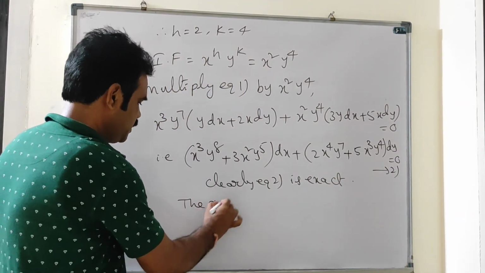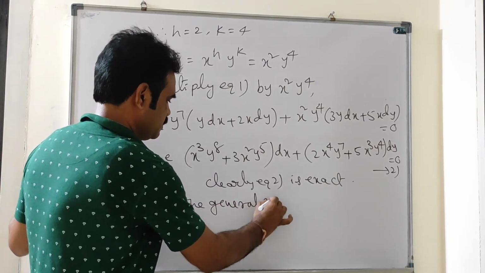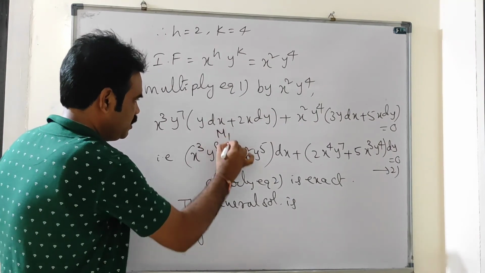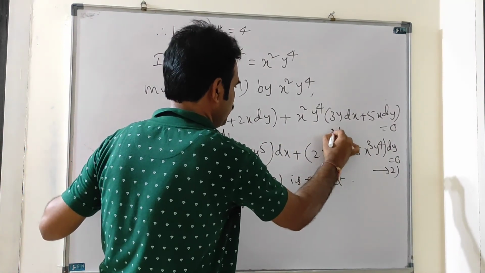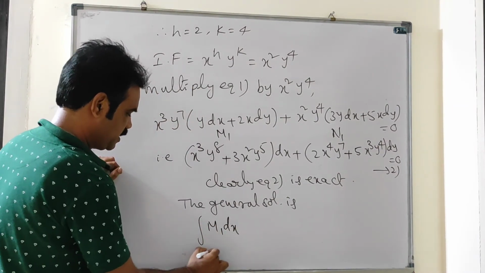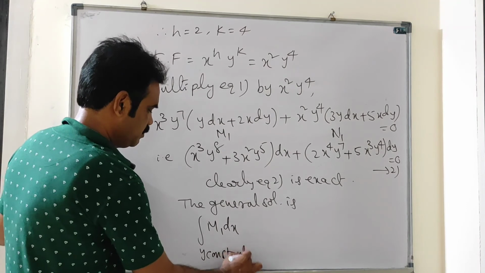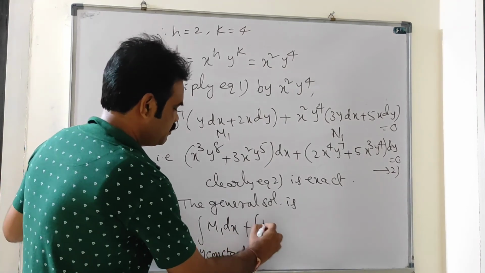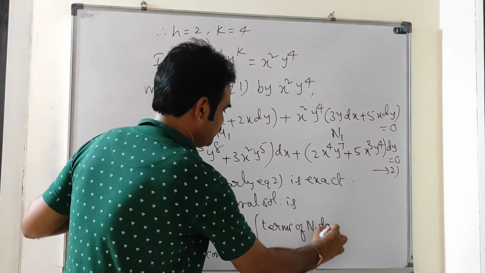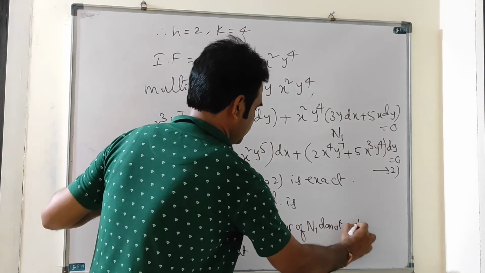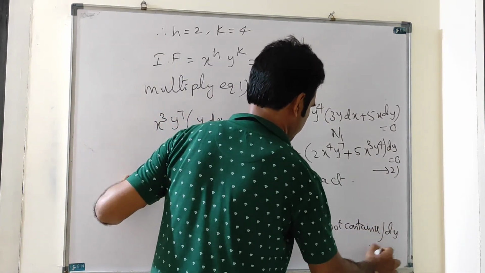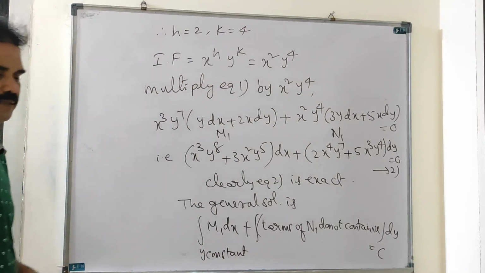The general solution is, let it be M1 and this be N1, in the form M1 dx + N1 dy: integral of M1 dx, treating y constant, plus integral of the terms of N1 which do not contain x, dy, is equal to c. This is the general solution of an exact equation.